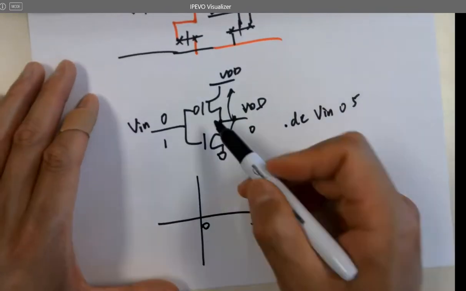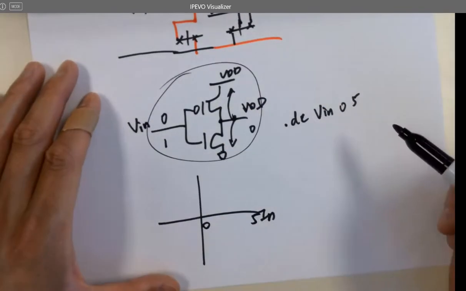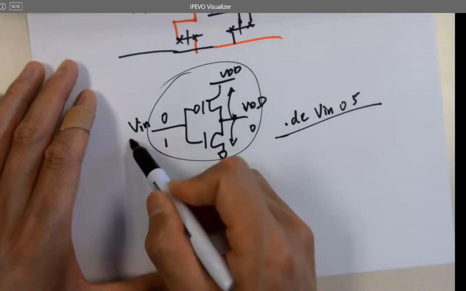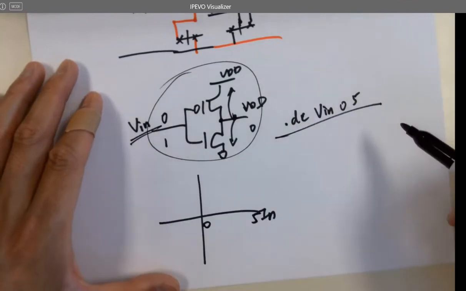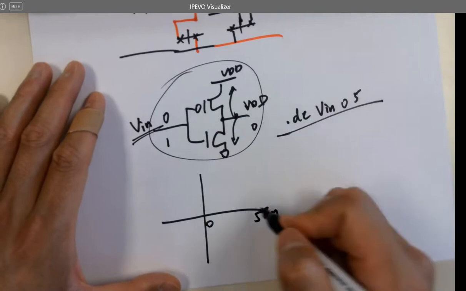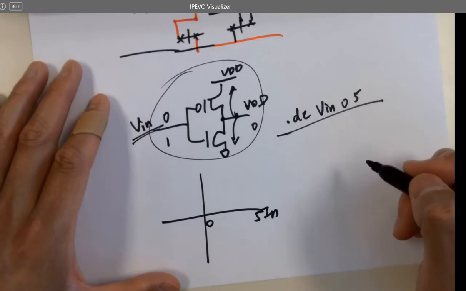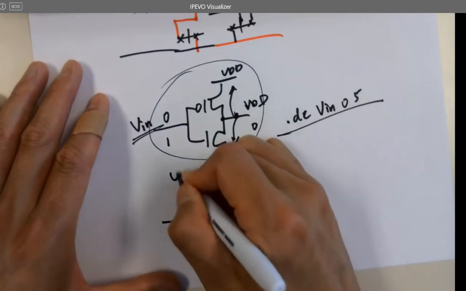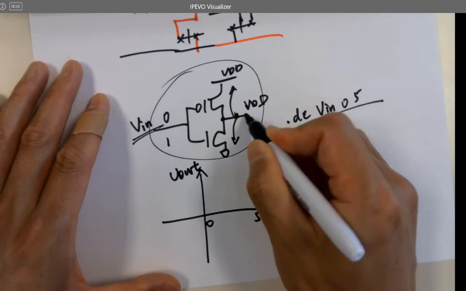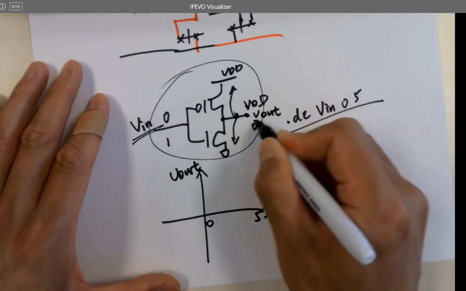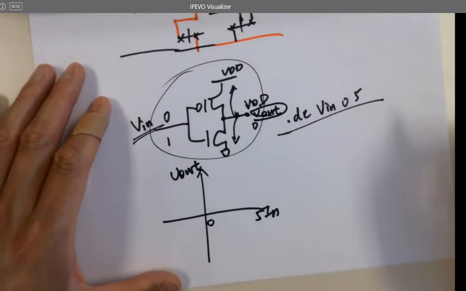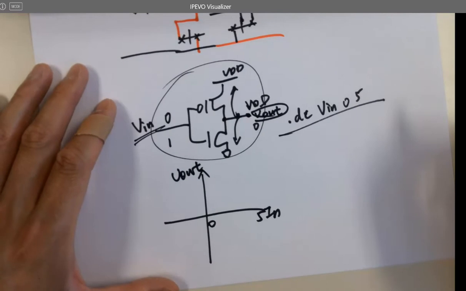If I put this in LTspice and I run a DC sweep for V in, what are we expecting to see in the simulation result? Here's V out. High down to 0.